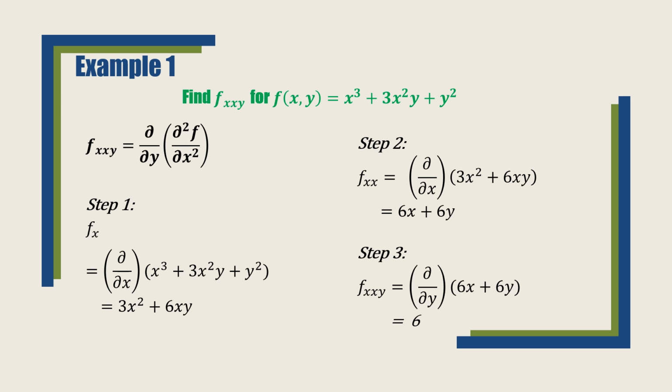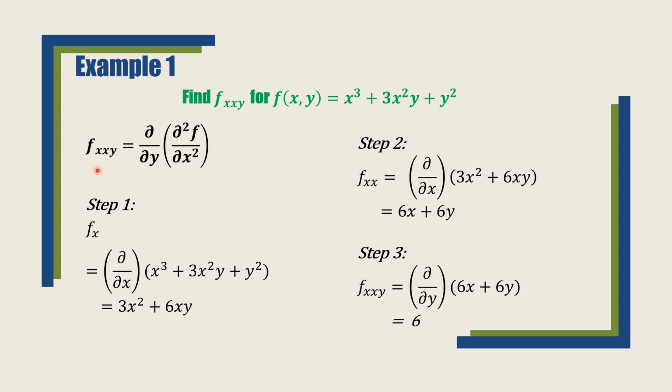Let us have an example. Example number one: find f sub x sub x sub y for f of x and y equal to x cubed plus 3x squared y plus y squared.